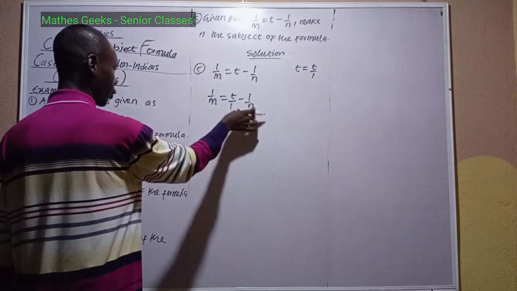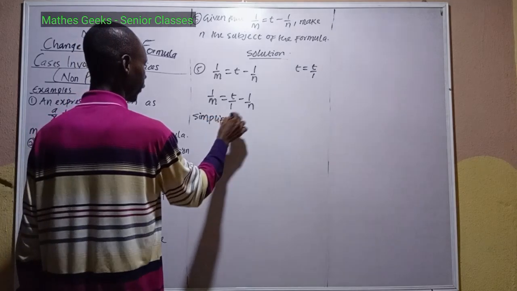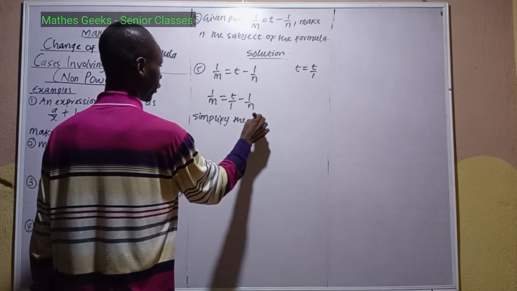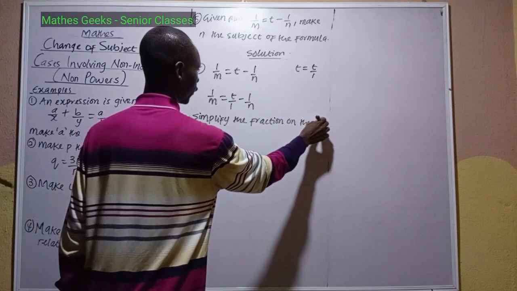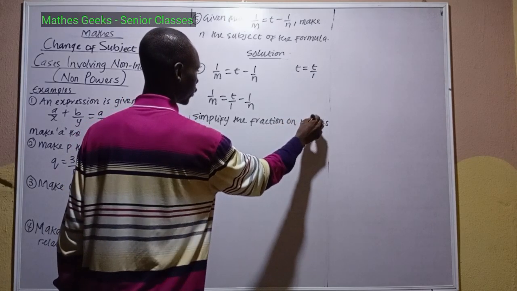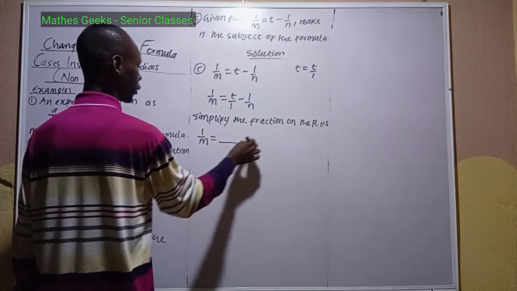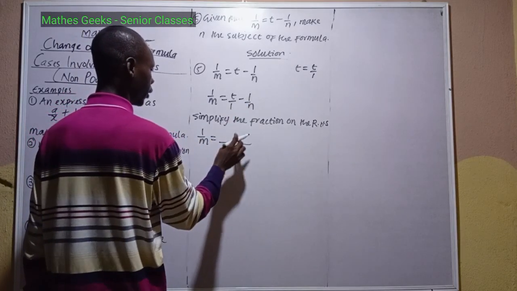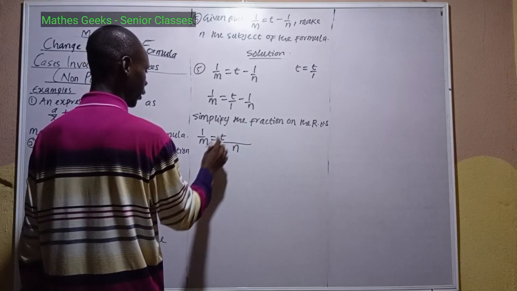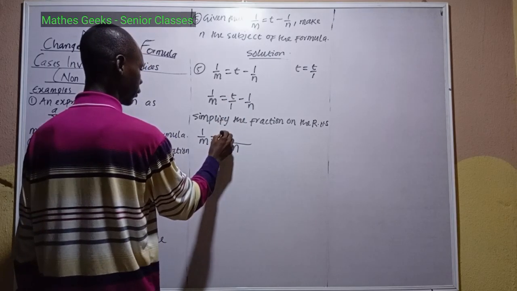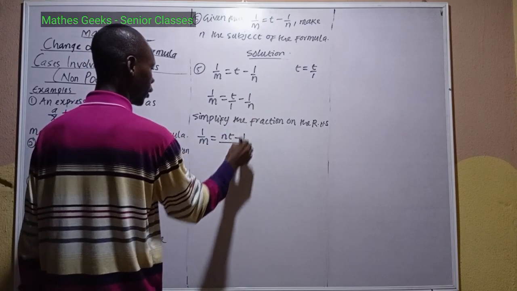Now I have a fraction, so I'm going to simplify the fraction on the left hand and the right hand side. So 1 over n. The LCM of 1 and n is n. n divided by 1 is n. n times t is tn, or nt, minus n divided by n is 1. 1 times 1 is 1.